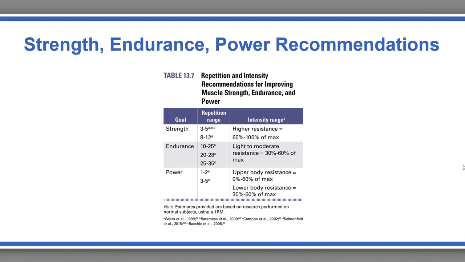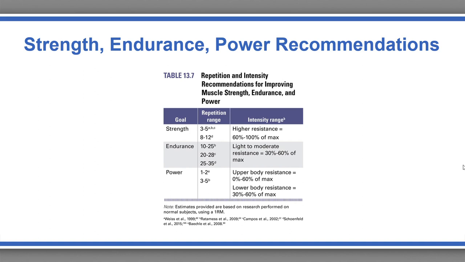Now, obviously, once again, the repetition range is somewhat variable and it will depend on the individual and perhaps their age or their trainability or whether we're speaking about a high performance athlete.